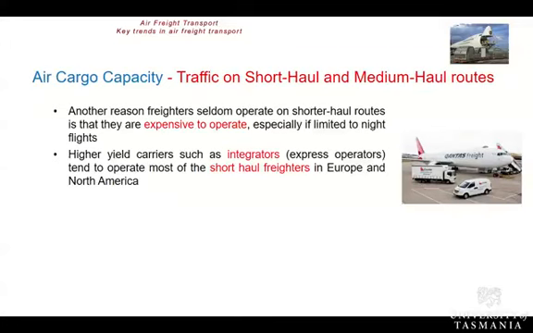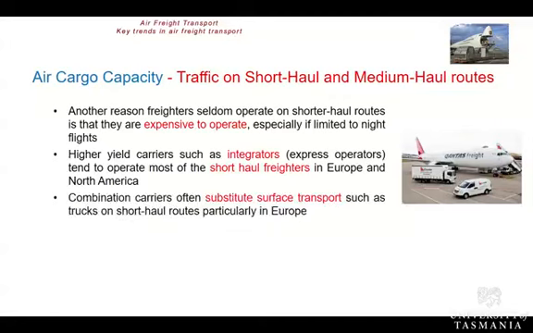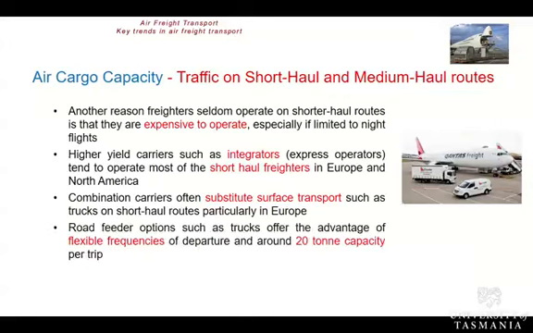However, for integrators, what we know is that they typically have a higher yield, which indicates that they're charging more for their product. They're more likely to use those short haul freighters in Europe and North America. For combination carriers, they often are going to substitute surface transport where they possibly can on these short haul legs, particularly in Europe.